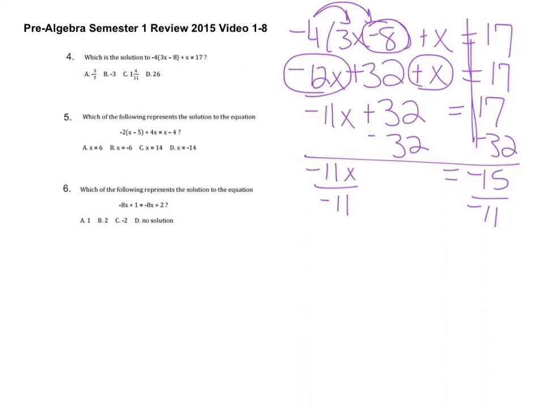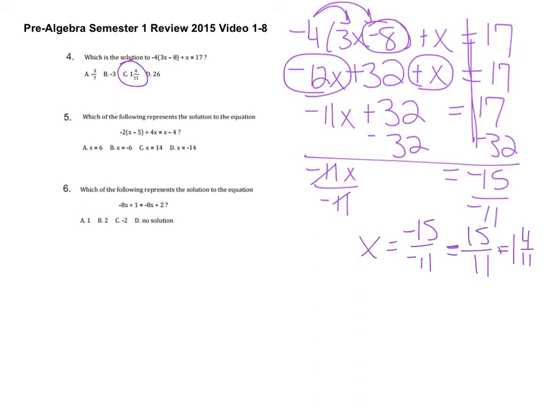So that means we're going to leave it as a fraction. Negative 15 over negative 11, that's a negative over a negative. That's positive 15 over 11. Then I'm going to change that to a mixed number. 11 goes into 15 one time with 4 left over. So I get 1 and 4/11. That's C.